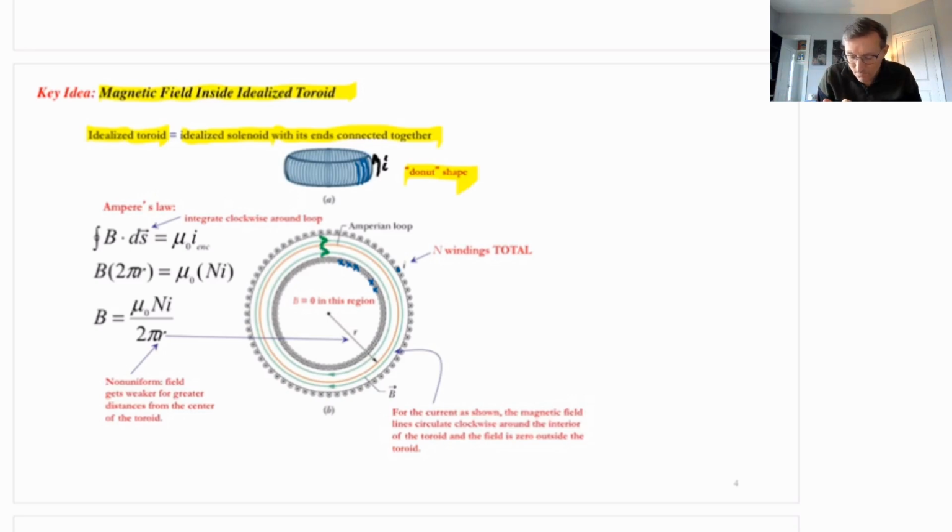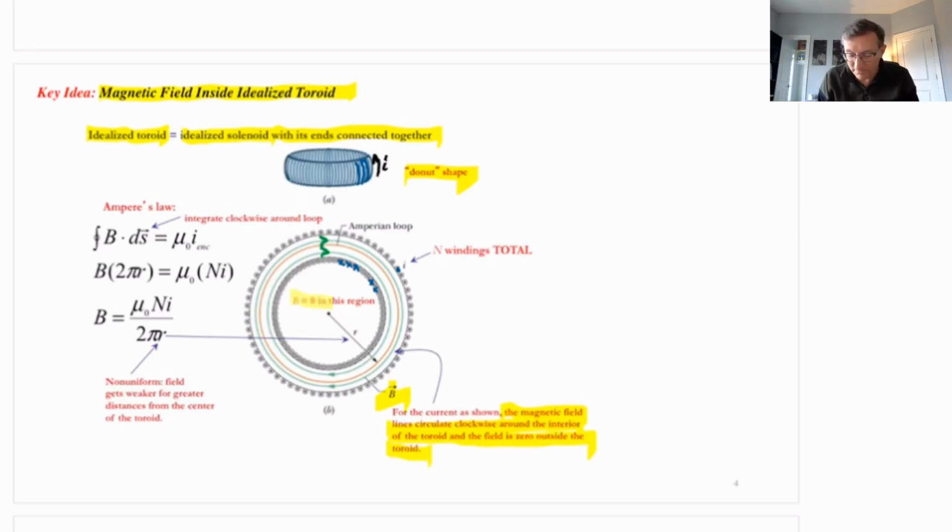Okay? That's the magnetic field, B. The magnetic field circulates clockwise around the interior of the toroid, and the field is zero when you're not in the interior of the toroid.